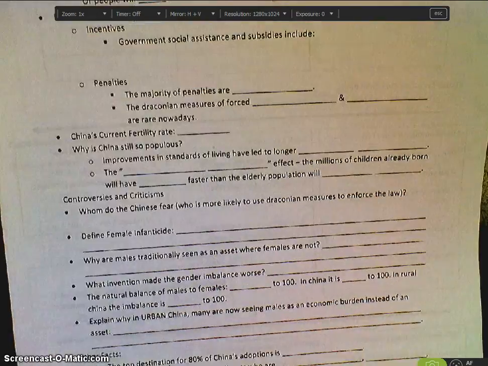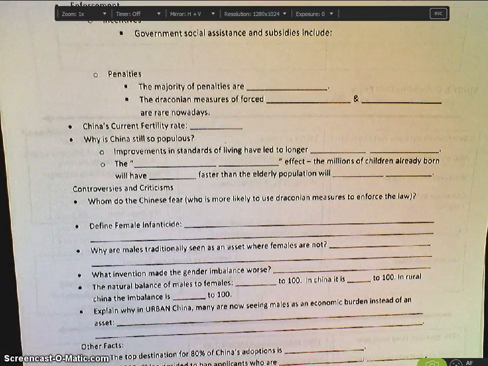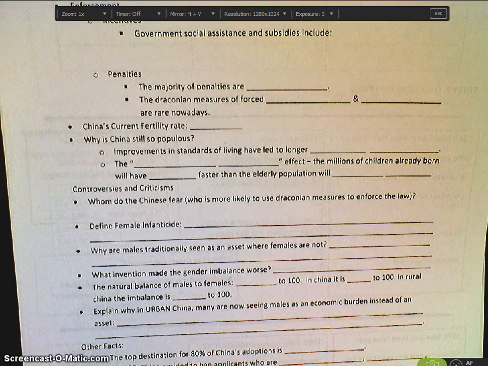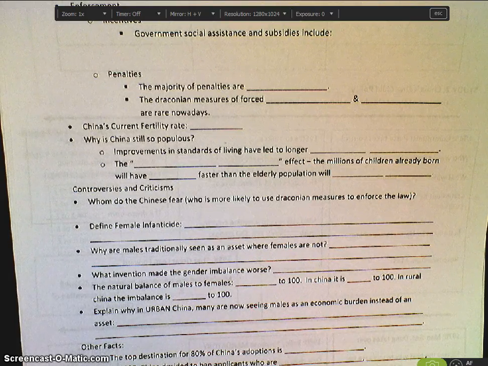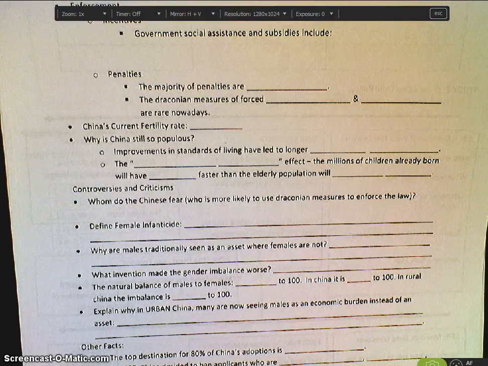Going on to the back, just thinking generally about how a notebook check is made. If you see a page with a lot of blanks, it means specifics are important. If you see pages with more open space, it means general ideas are more important. Again, we're not trying to make anything busy work. We have to make these assignments.